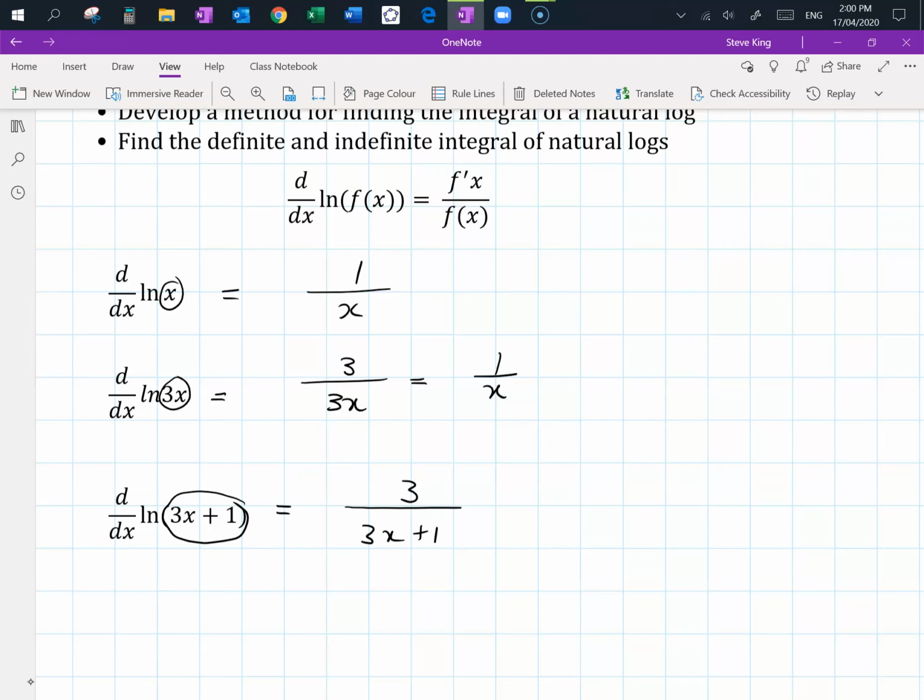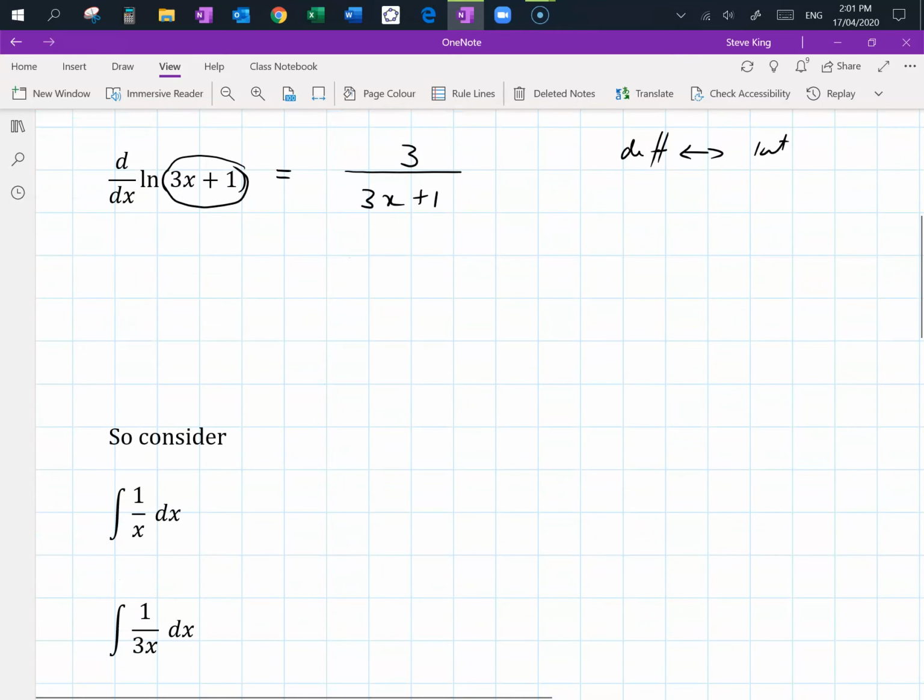Now, as I said earlier, we've got to remember that integration and differentiation are inverse operations. So I can differentiate something and it becomes a particular function, but then I can also go and integrate that function back in order to find what the original was.